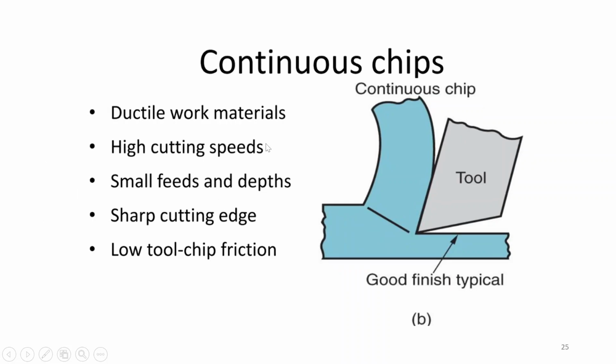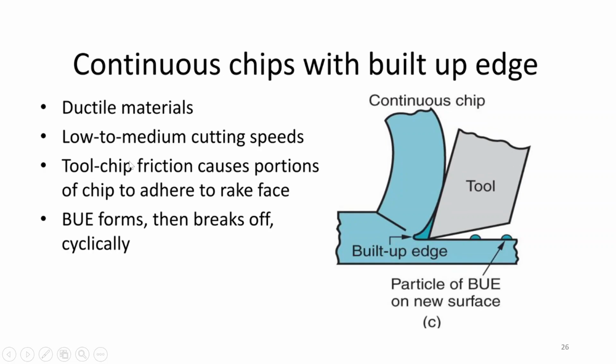In the previous one we were using high cutting speeds, but if there is ductile material and you are using low to medium cutting speeds, then it's more likely to form continuous chips with build-up edges. Tool chip friction causes portions of chip to adhere to the rake face, and these build-up edges form and then break off cyclically. They keep on forming and they keep on breaking off.